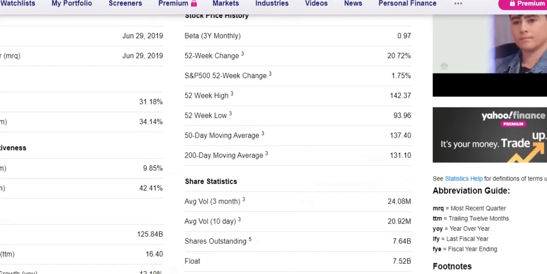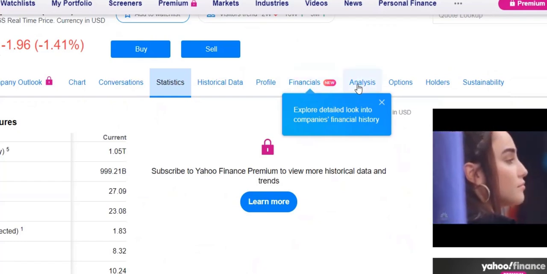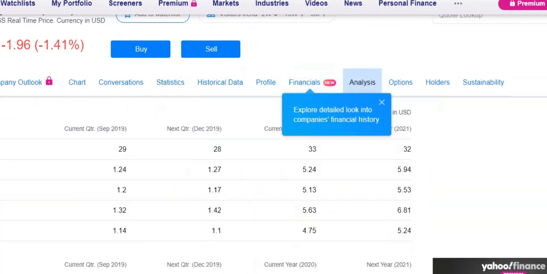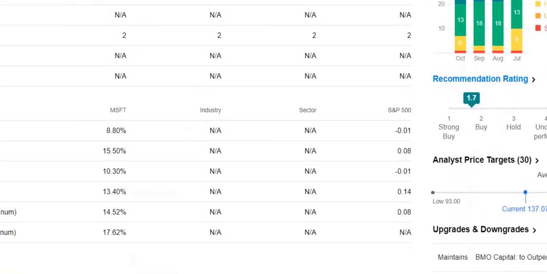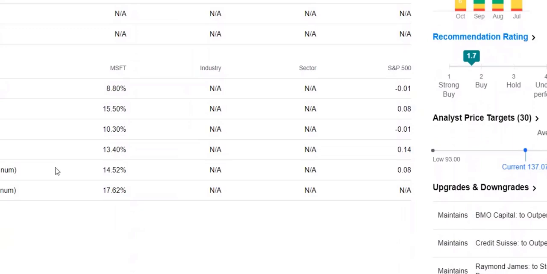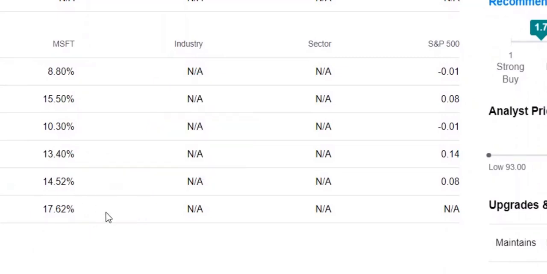Then click on the Analysis tab and scroll down a little further to find the growth rate estimates. It might not be exact, but it is an approximate substitute for the dividend growth rate, and we think that growth will continue.